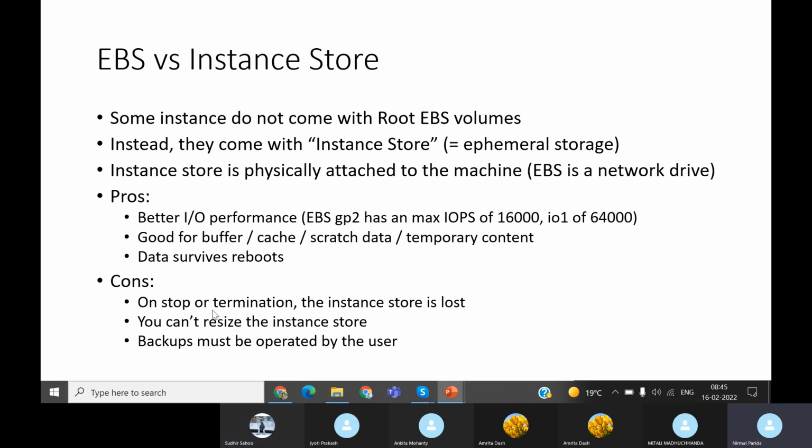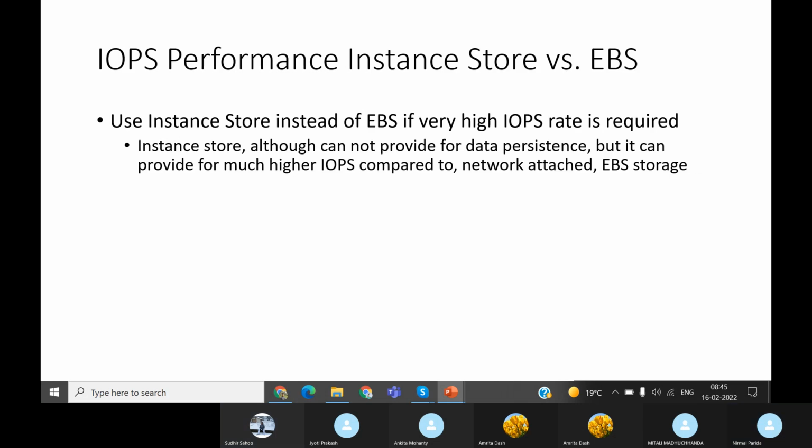Cons: on stop or termination, the instance store is lost. You cannot resize the instance store, and backups must be operated by the user. IOPS performance, instance store versus EBS: use instance store instead of EBS if a very high IOPS rate is required. If you require more input output operations, you can use instance store.